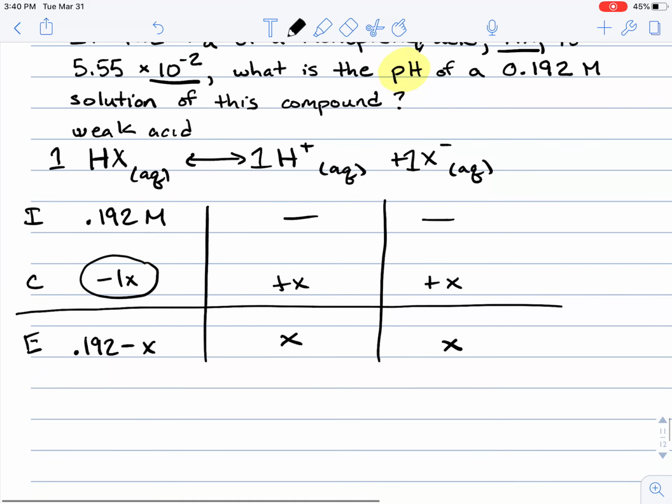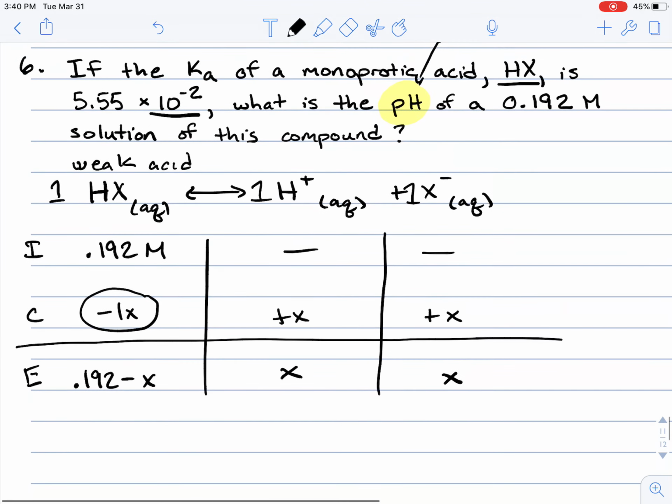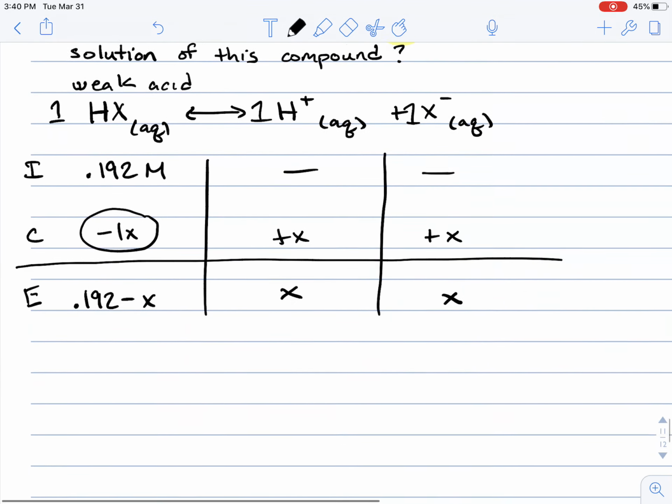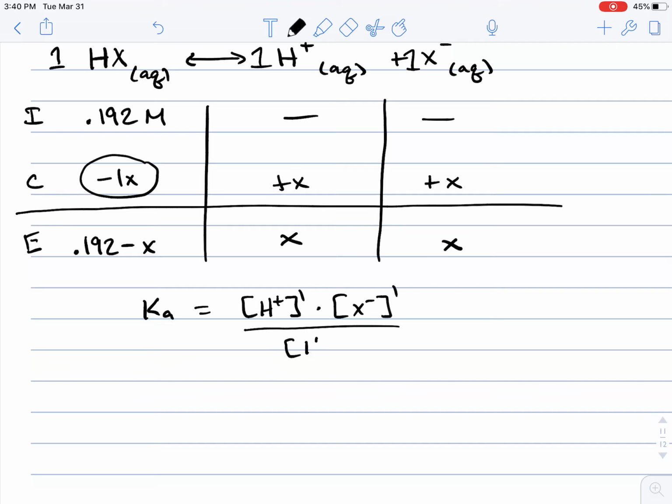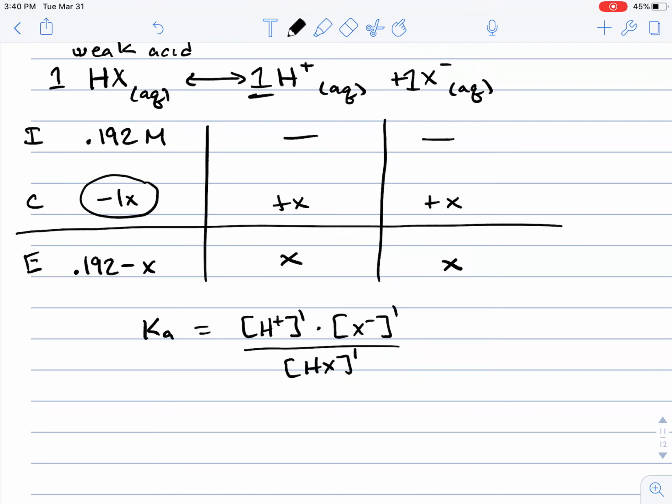And so it's going to be a ratio of products over reactants raised to their coefficient to represent the power. And so Ka is going to be H plus raised to the first times X minus raised to the first over HX raised to the first power.